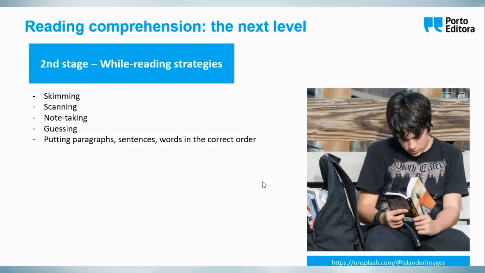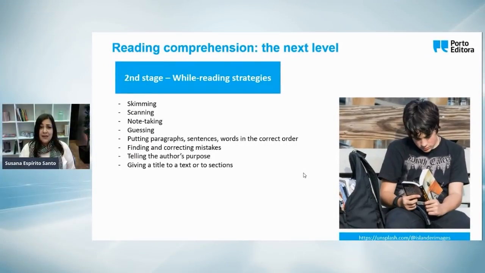Another strategy that you can use is finding and correcting mistakes, an exercise for monitoring comprehension or new vocabulary. Telling the author's purpose, we can see if the students fully understood the text. Another strategy that you can apply is giving a title to a text or to sections. It allows creativity within the topic.